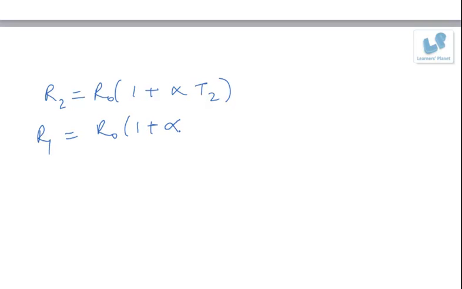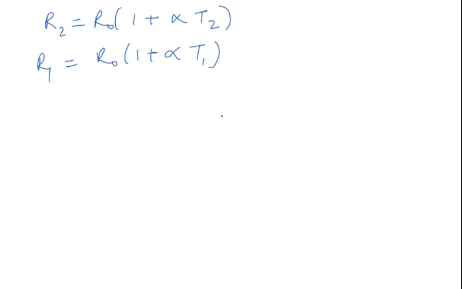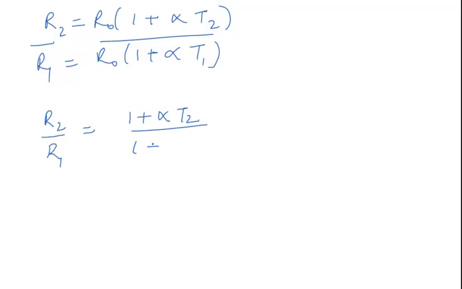Now what we can do is we can write R2 as equal to R naught (1 plus alpha T2), and R1 will be equal to R naught (1 plus alpha T1). Now if we take the division of these two expressions, we will get R2 by R1 equal to (1 plus alpha T2) divided by (1 plus alpha T1).